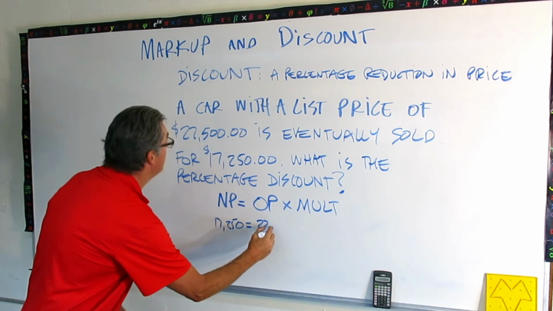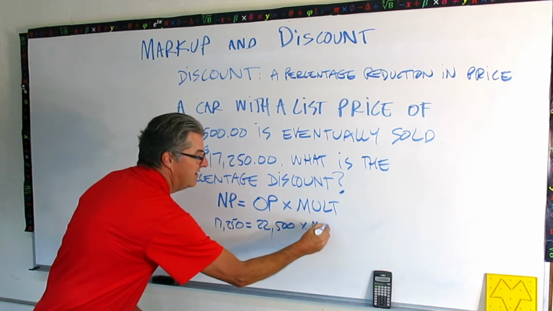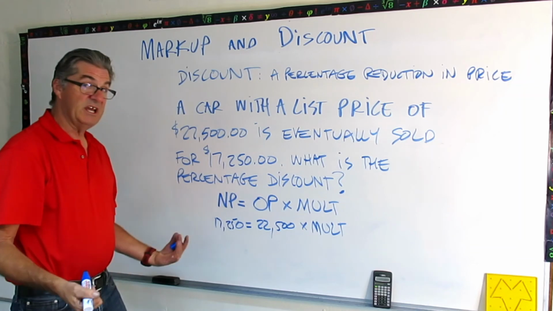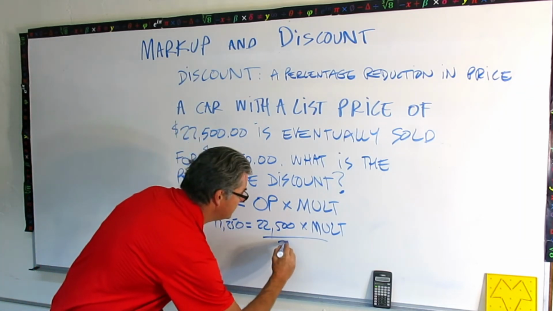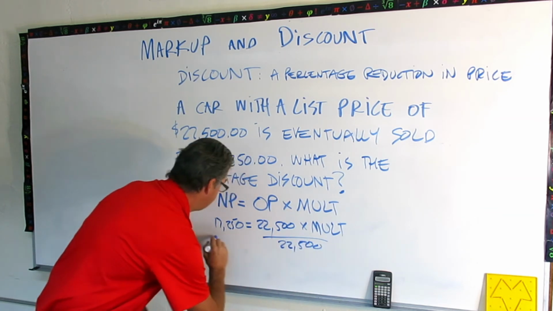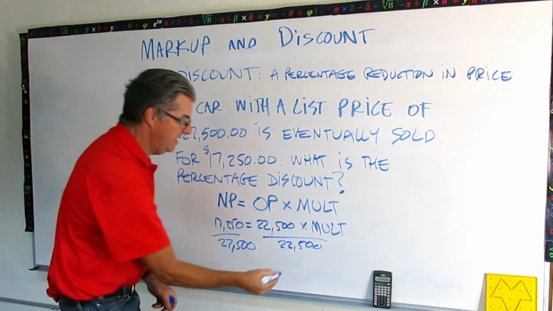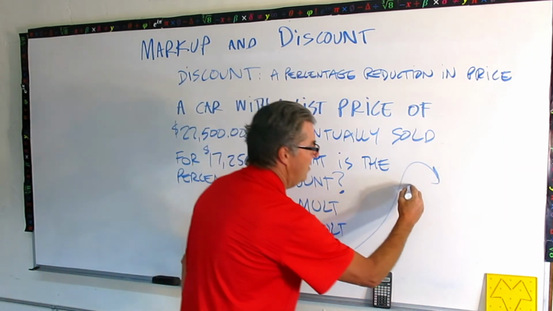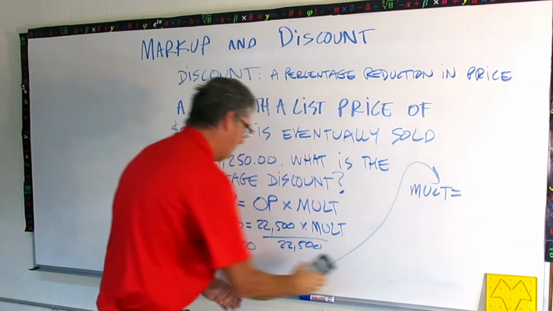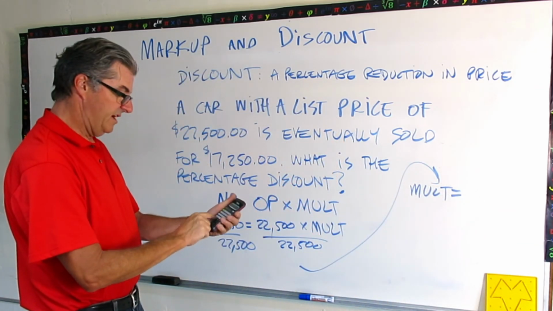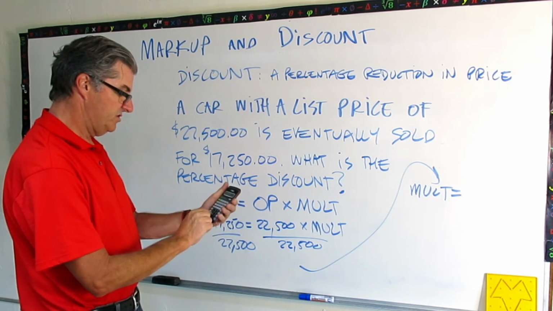17,250 equals 22,500 times the multiplier. Now we just need to get the multiplier alone on one side, so I'm going to divide both sides by 22,500. The multiplier equals 17,250 divided by 22,500.